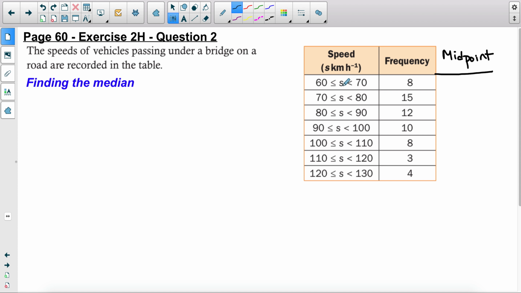Should I pick 60? Should I pick 62? Should I pick 69? We're not sure which value is more accurate. That is why we refer to the midpoint. We always go for the middle value because it's going to be less of an error if we pick the middle value.